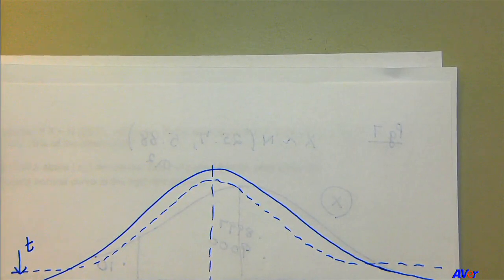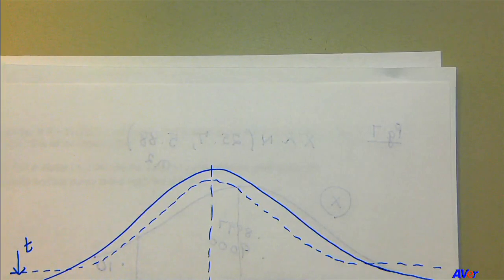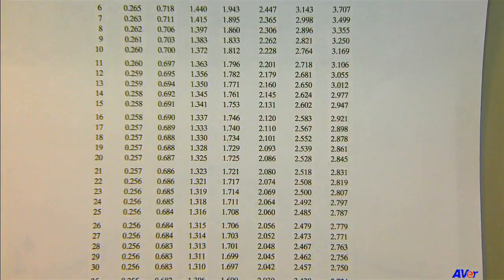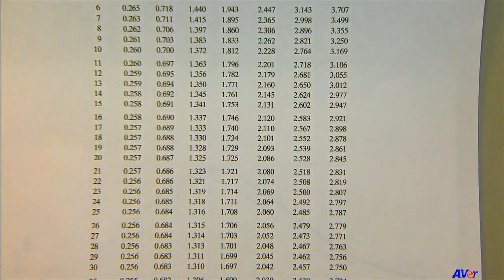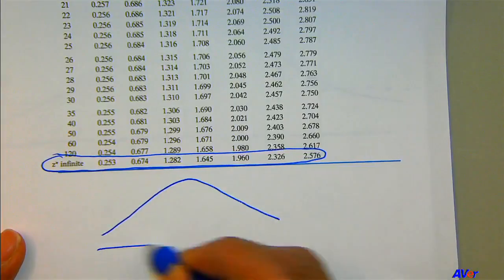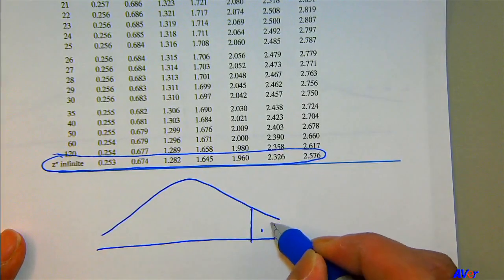So these t's will approach z as n goes to infinity, and therefore, for our purposes right now, we can just go to the last row of this t-table and cheat and pick up the number that we need, because as we know, this t deals with the area in the tail.